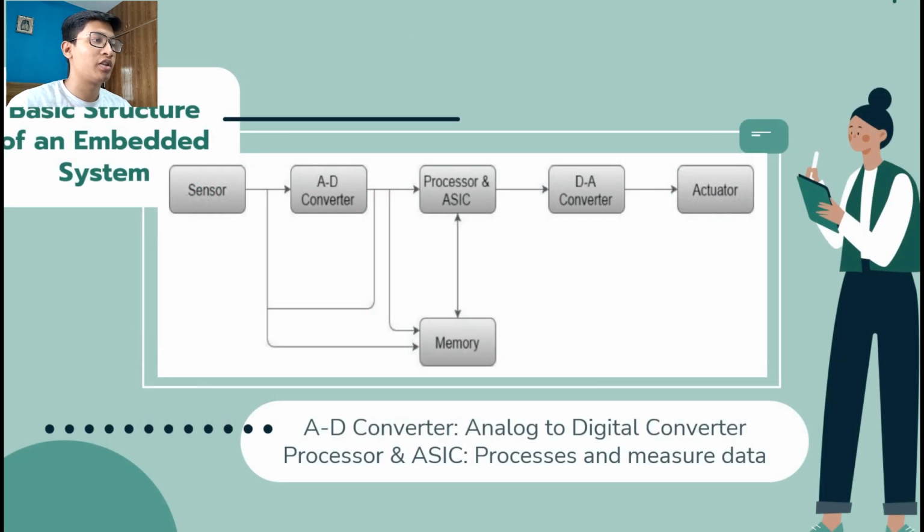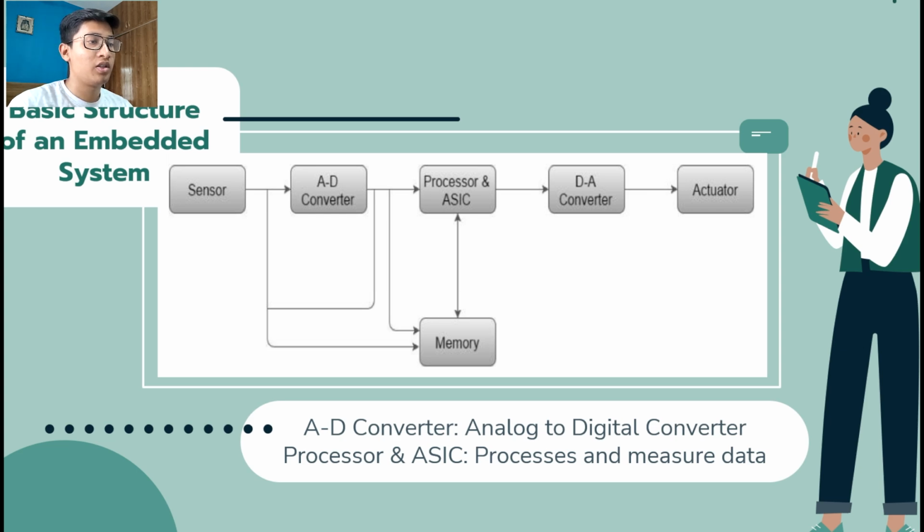Now, let's talk about the basic structure of an embedded system. So here's the basic structure of an embedded system. First, the sensor sends the data to memory and the analog to digital converter. From there, the analog to digital converter converts the analog signal into a digital signal and sends it to memory and the processor and ASIC. The processor and ASIC processes and measures the data.